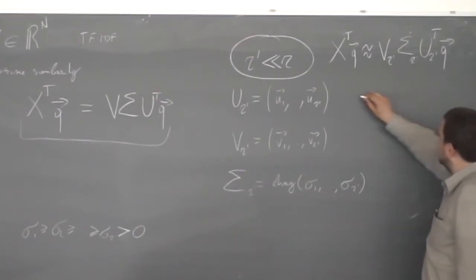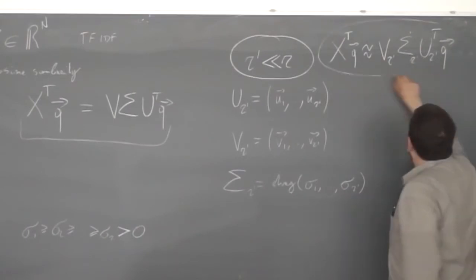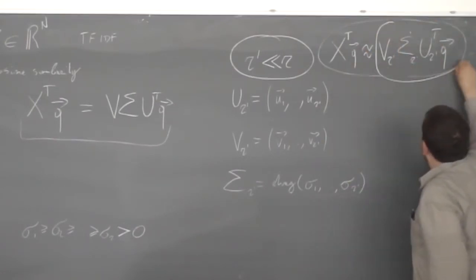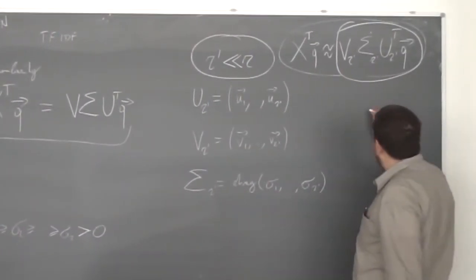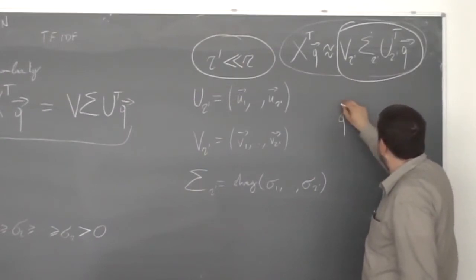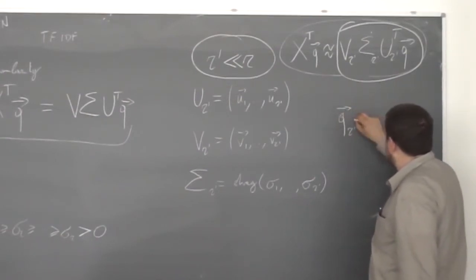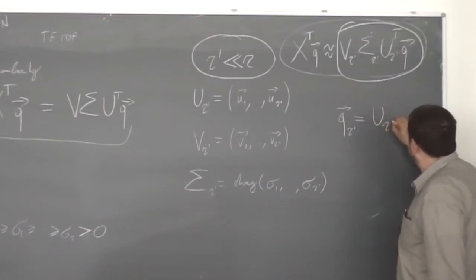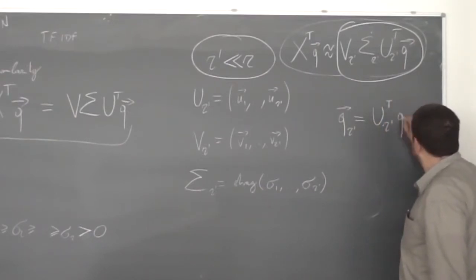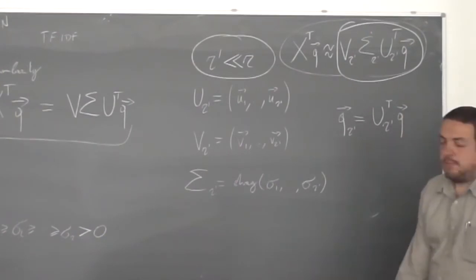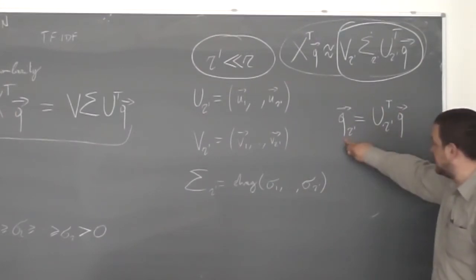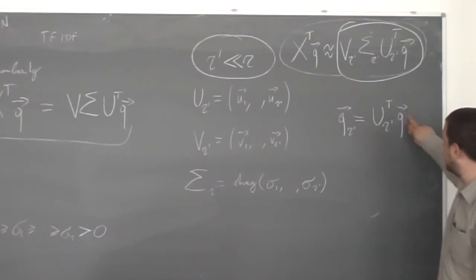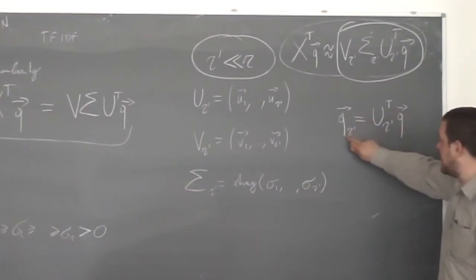And in particular, we can see this operation as composed of two steps. In the first step, we are defining a new query vector by transforming our original query vector Q into a much smaller vector. We go from size n to size R prime.